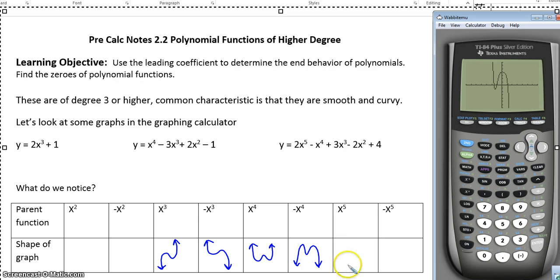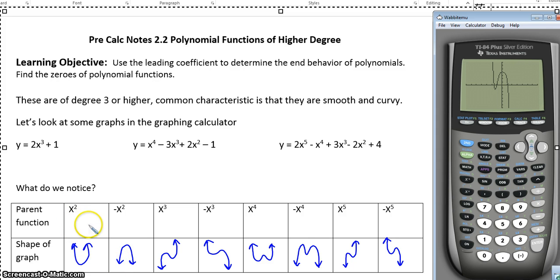And when it was a degree 5, again with a positive coefficient, it looked just like degree 3, and a negative coefficient would look just like degree 3 with a negative leading coefficient. And in the last section, we already discussed an x squared graph. We know that that's a parabola. When the leading coefficient is positive, you're going to get a U shape. When it is negative, you are going to get an upside down parabola.